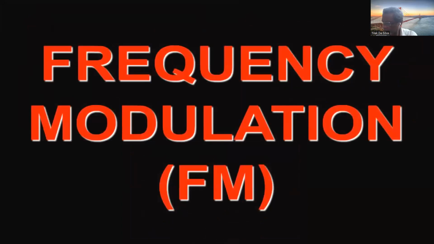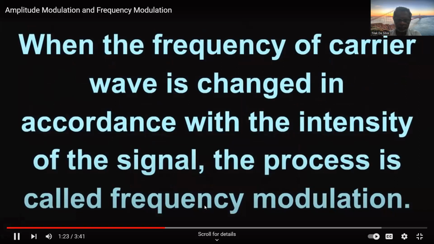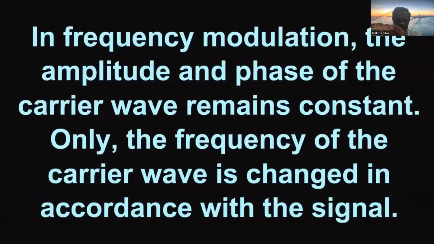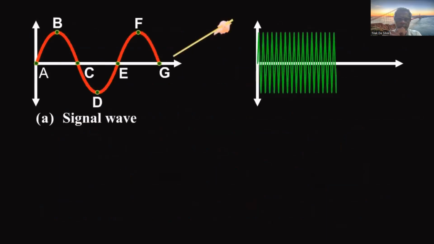Explain frequency modulation, that is FM. When the frequency of the carrier wave is changed in accordance with the intensity of the signal, this process is called frequency modulation. In frequency modulation, the amplitude and phase of the carrier wave remain constant. Only the frequency of the carrier wave is changed in accordance with the signal. The frequency variation of the carrier wave depends on the instantaneous amplitude of the signal as shown.